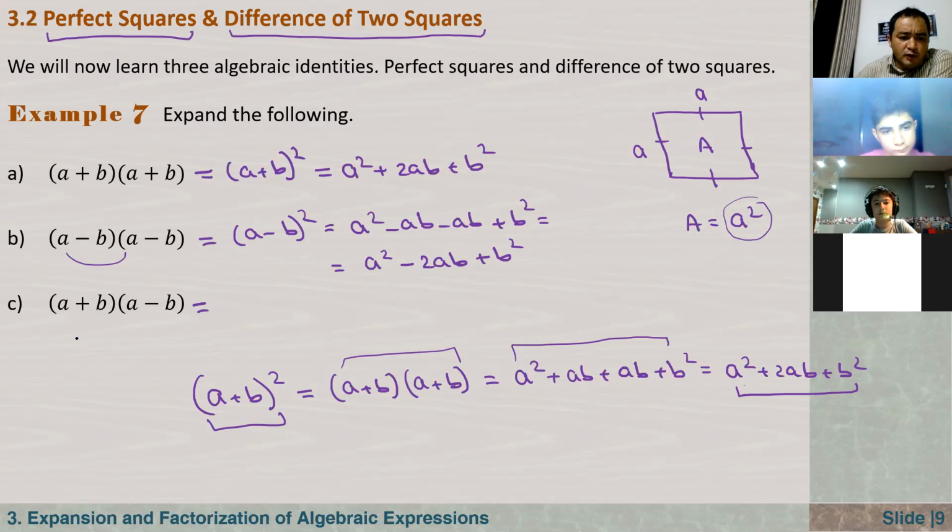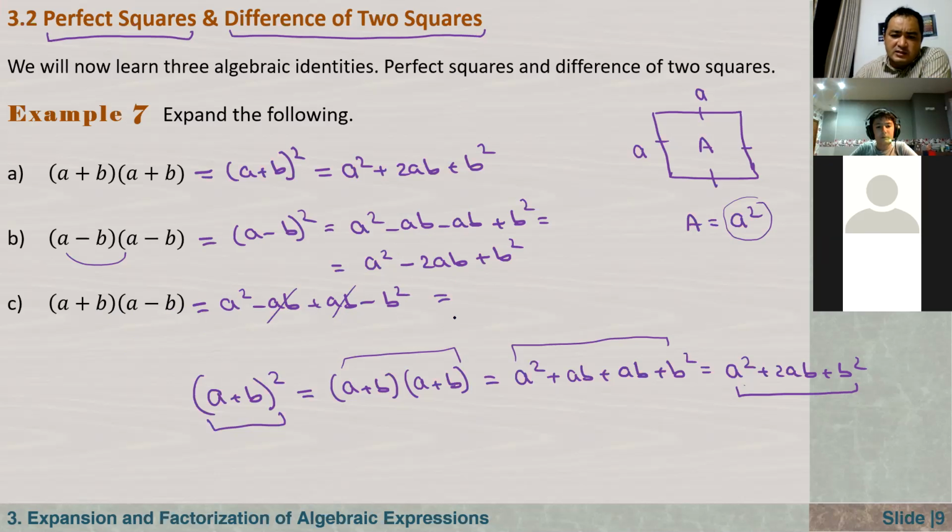And how about here? If you expand the third one, a times a is a squared, right? A times negative b is minus ab, b times a is plus ab, and b times negative b is minus b squared. So these two things are gone, right? Because they are the same thing, but signs are opposite. So here we have a squared minus b squared.